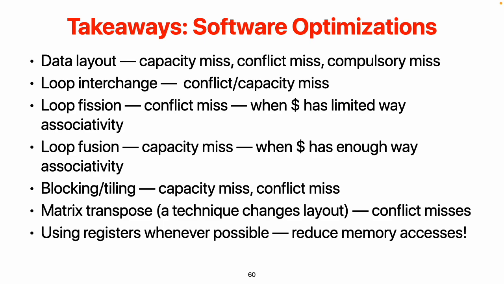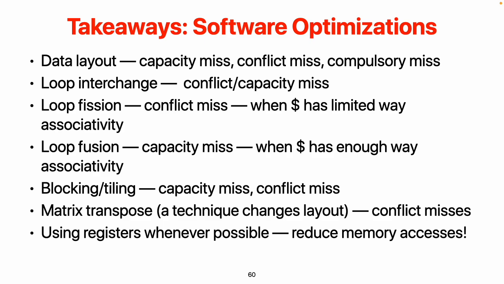Okay, so the takeaway here is we do have a lot of software optimizations that you can explore. Matrix transposition is changing the data layout, and changing the data layout sometimes is very effective. This is the case where we use the change of data layout to avoid conflict misses.